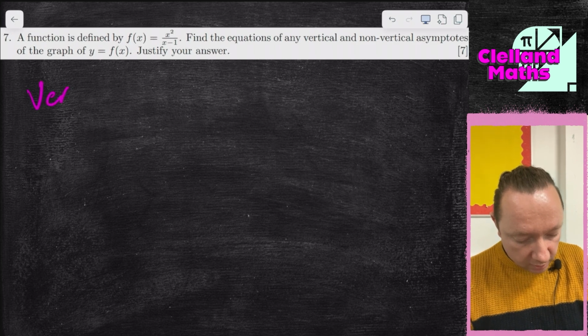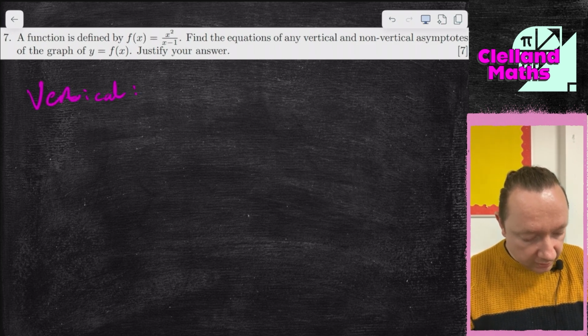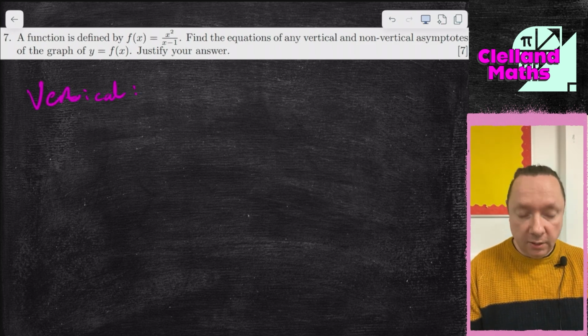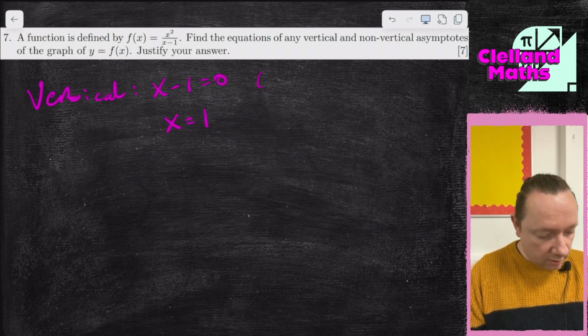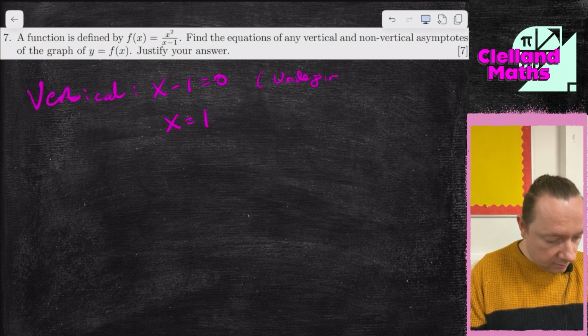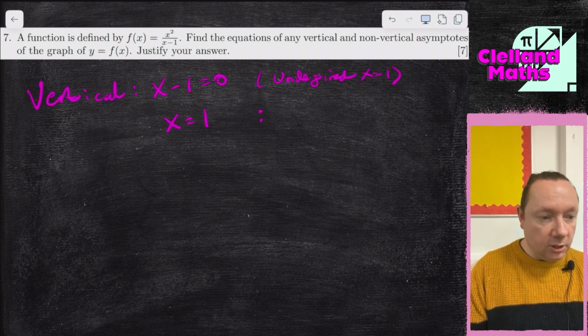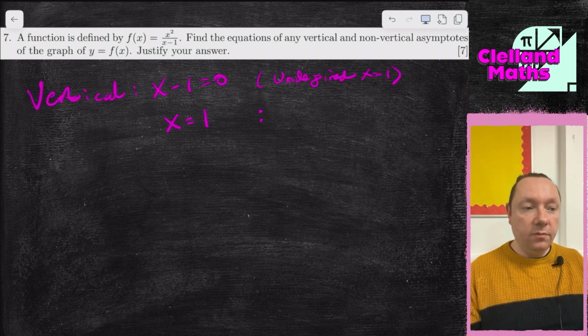Vertical is the easy one to start with. So vertical is when the denominator equals 0, when x minus 1 equals 0, when x equals 1. So justification is undefined at x equal to 1. And then let's just look at what happens as you approach it.